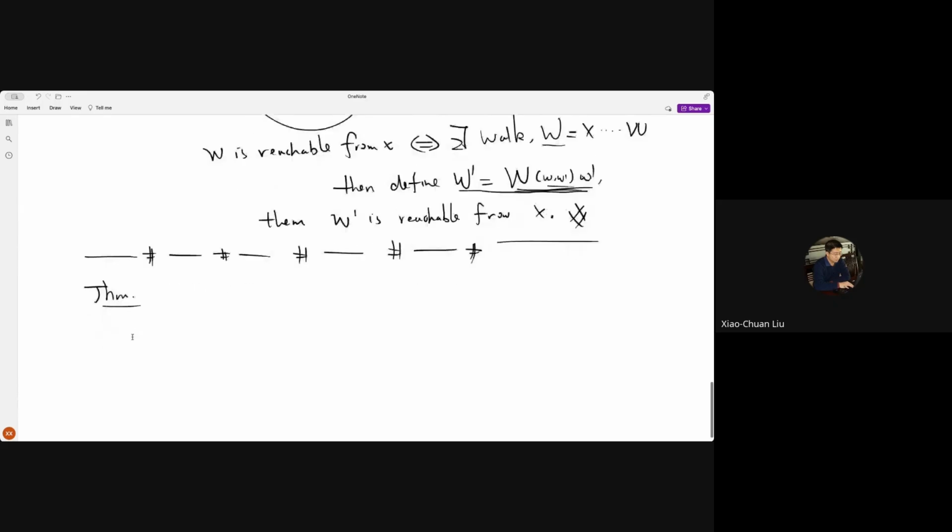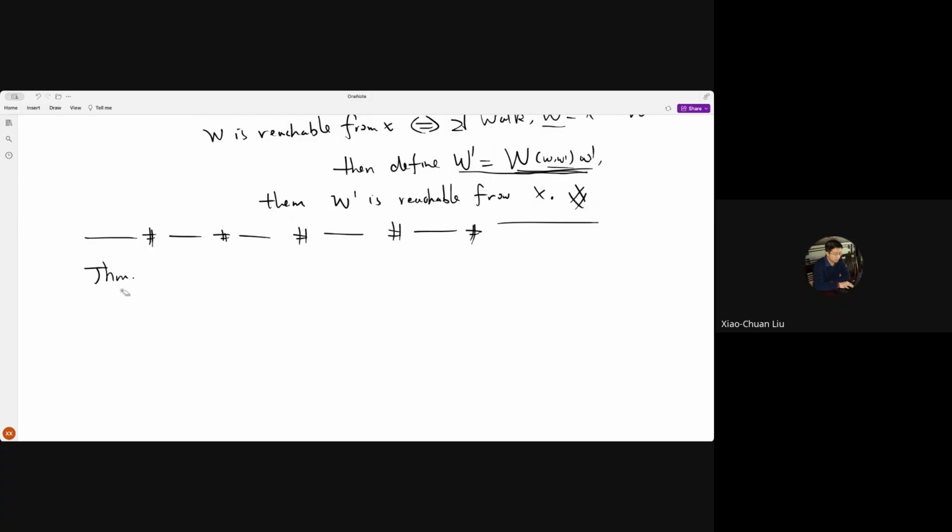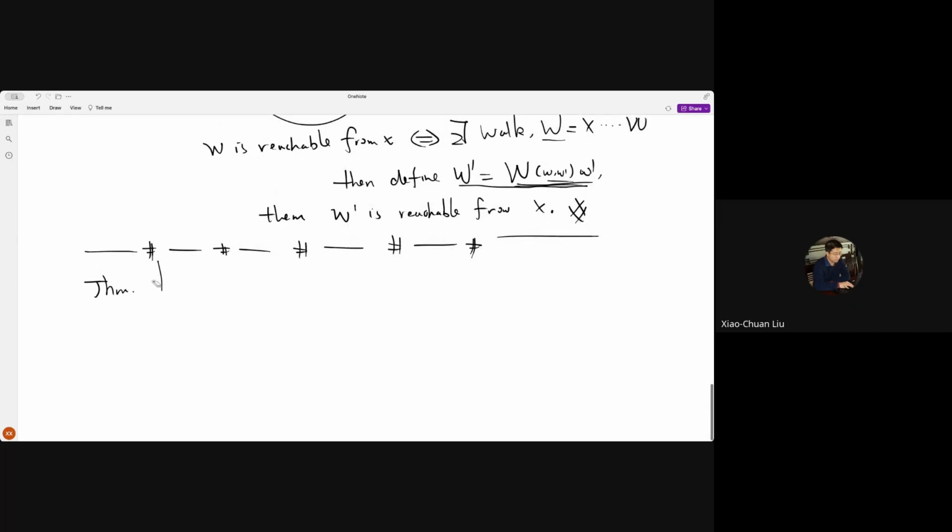Let's come back to regular graphs, not directed graphs. This is a kind of generalization of the Euler tour theorem. A connected graph G, let's say it has 2k odd-degree vertices.